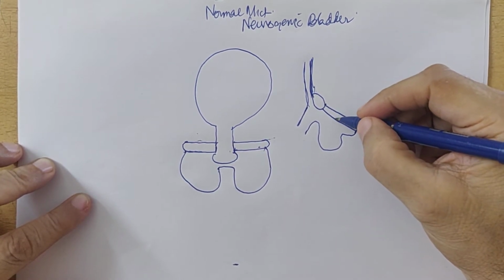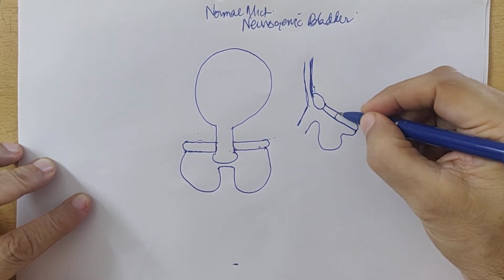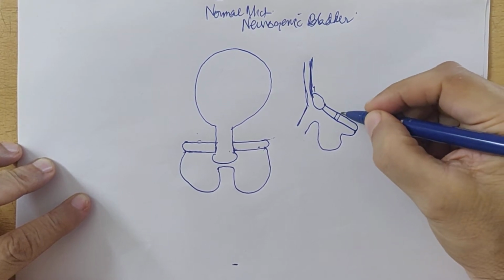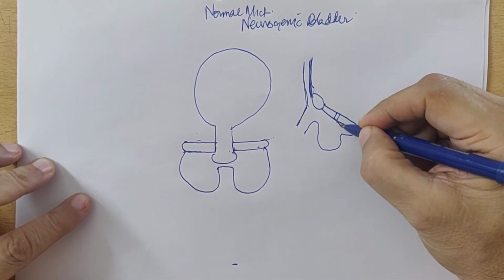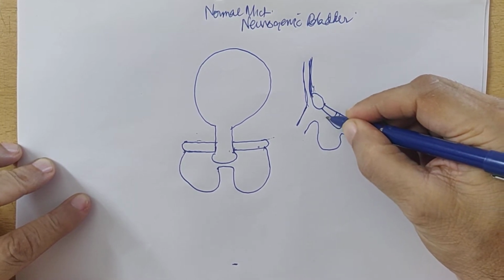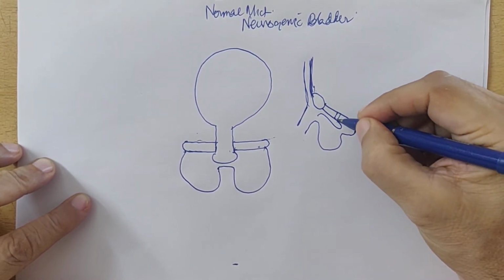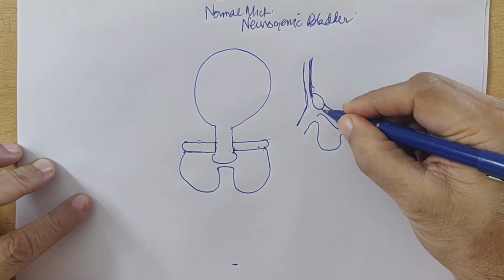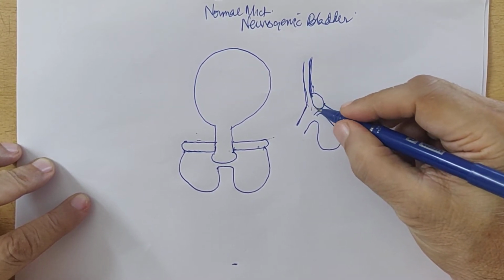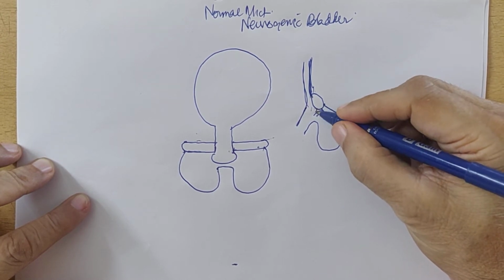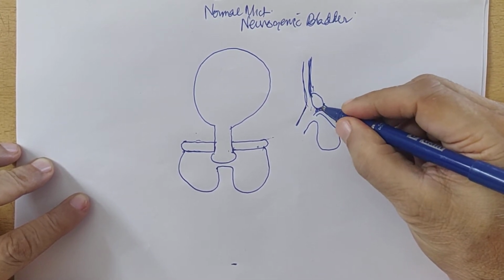So this membranous urethra pierces the perineal membrane, lies in the corpus spongiosum, and then becomes the penile urethra aided by the corpora cavernosa, and this is the dorsal ligament of the penis.